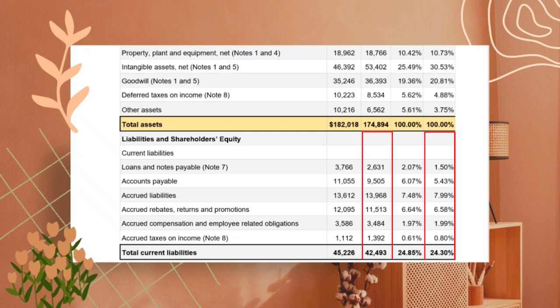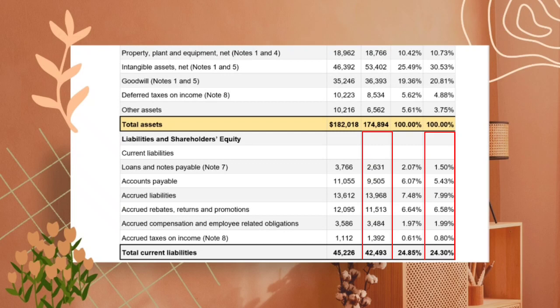Accrued rebates, returns, and promotions is 11,513 divided by 174,894 times 100% is 6.58%. Accrued compensation and employee related obligations is 3,484 divided by 174,894 times 100% is 1.99%.